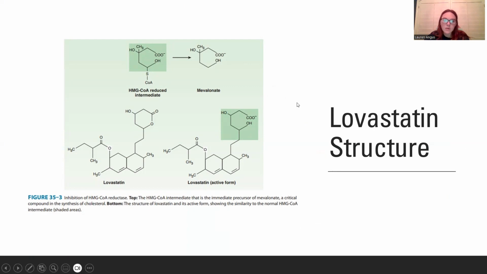The active site will not be available and therefore mevalonate will not be produced. Therefore, that cascade of the cholesterol biosynthesis pathway just won't occur. So lovastatin will inhibit the HMG reductase, therefore decreasing cholesterol synthesis.